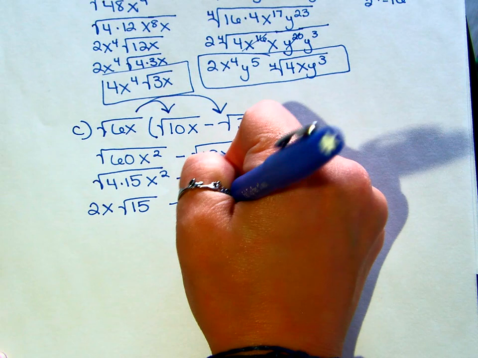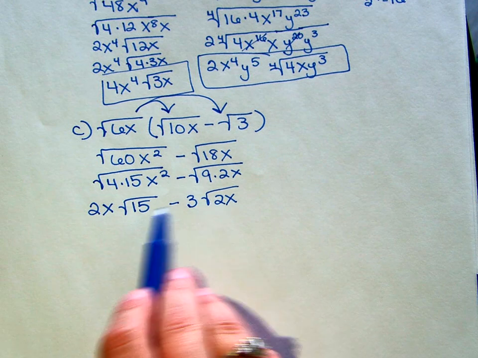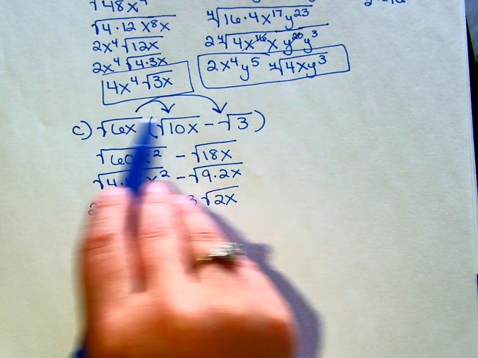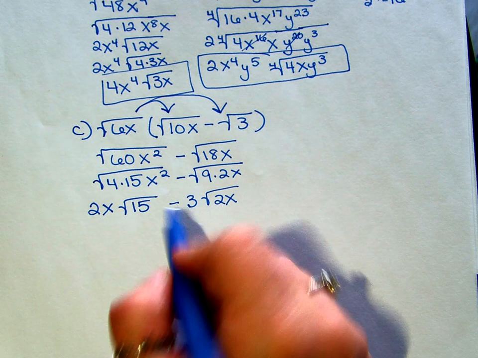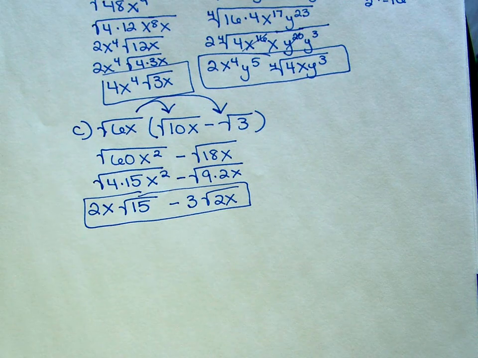I can't combine these. They don't have the same radicand underneath. So even though I did use multiplication and I did get to a simplified radical, I'm still having 2 separate radicals. That's totally okay. You still make sure you go down as far as you can. Make sure that everything is as simplified as it can be. And then we leave it in this term. We can't subtract the 2x and the 3 because we don't have any like terms going on here.